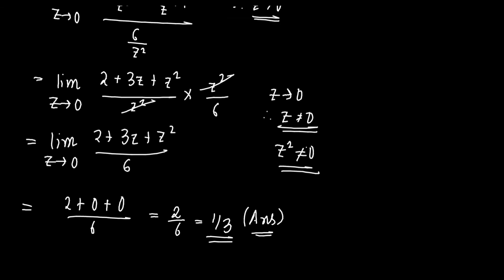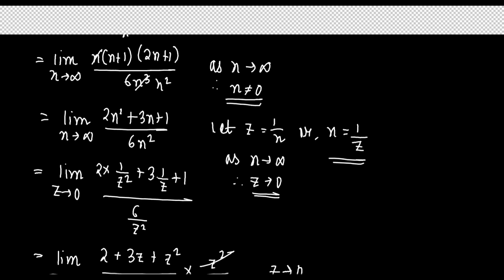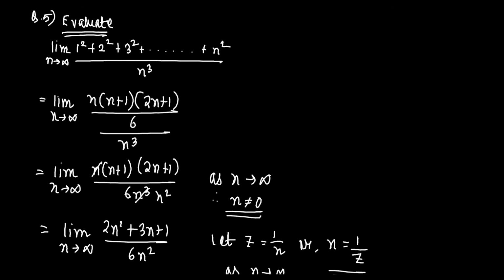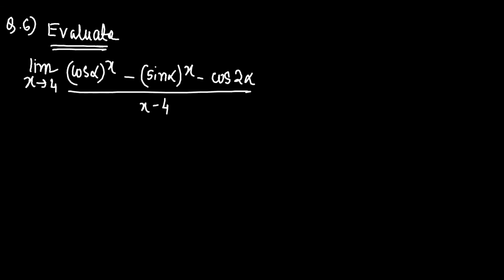Okay, now this was our fifth question. Now we come to the sixth question. Now another function that we have to evaluate is limit x tends to 4, (cos alpha to the power x minus sin alpha to the power x minus cos 2 alpha) by x minus 4. Here it is also 0 by 0 form, you can see.